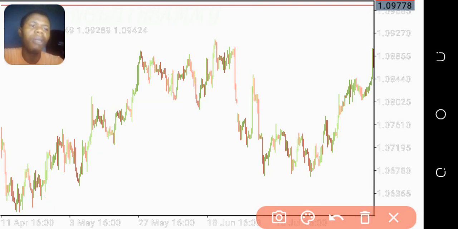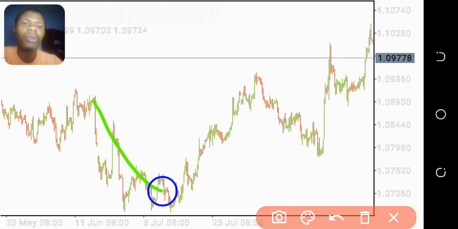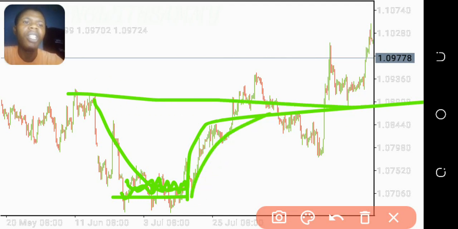So what did we see price do? Price actually came back to a declining stage here, like I told you. And what did we see? An accumulation phase again. Then it went back up, break of structure here to the advancing stage.